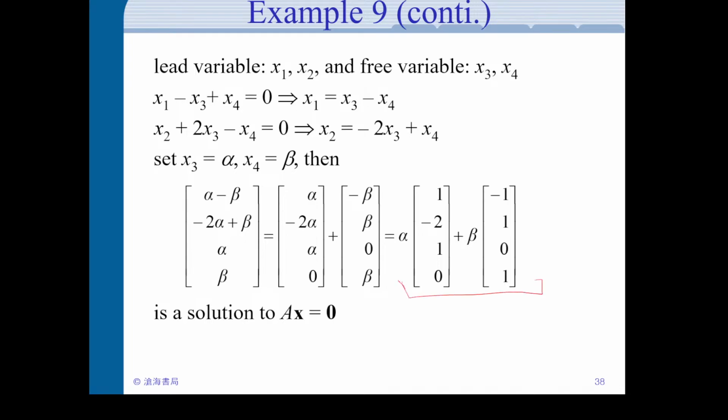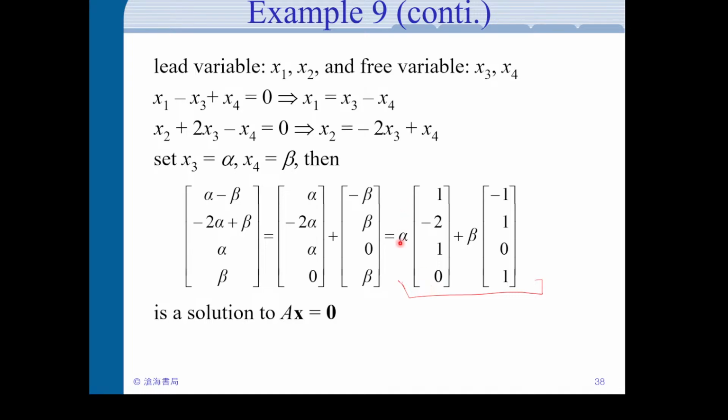more today. So this is a form of a scalar times a vector plus another scalar times another vector. And we see that this subspace can be written in this form, and later on we're going to see every subspace, or any vector space, can be written in this form.